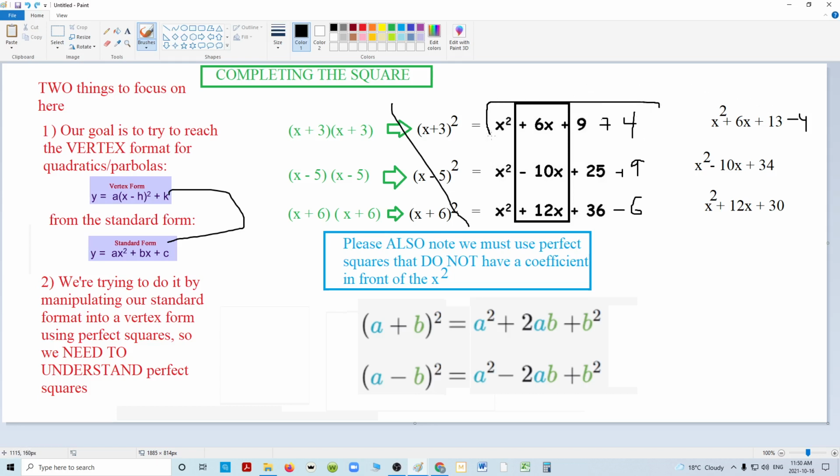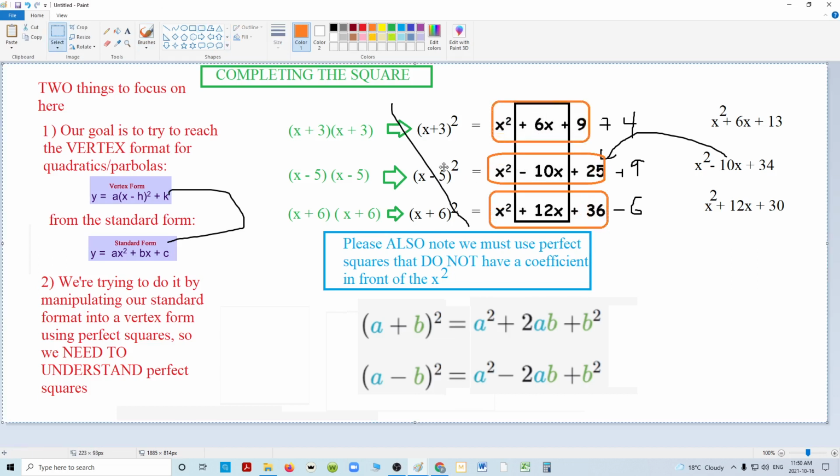I can convert this to that simply by rewriting it like this and then making a perfect square out of that. So if I had started with this, I could simply rewrite it like this, and then I can make a perfect square out of this portion of it, and just remember to leave that extra number around. So that's kind of where we're going.